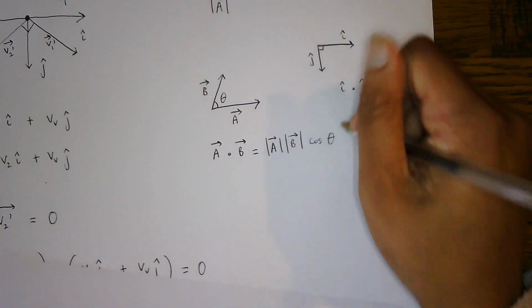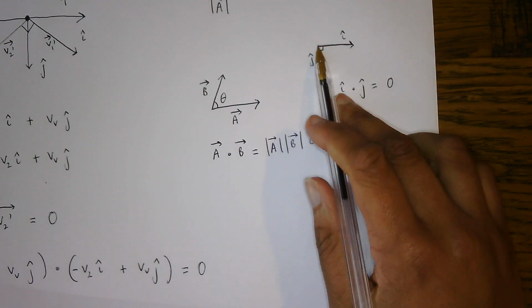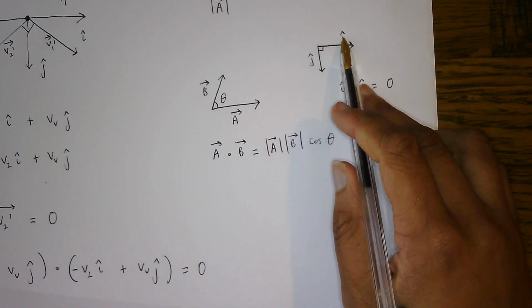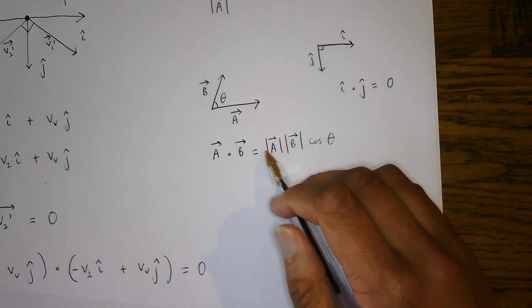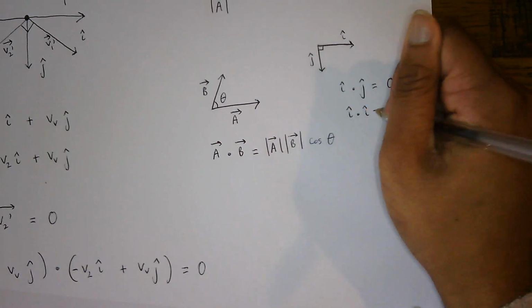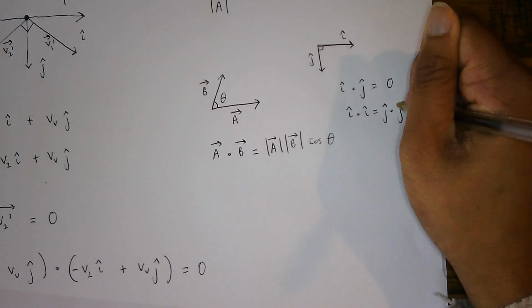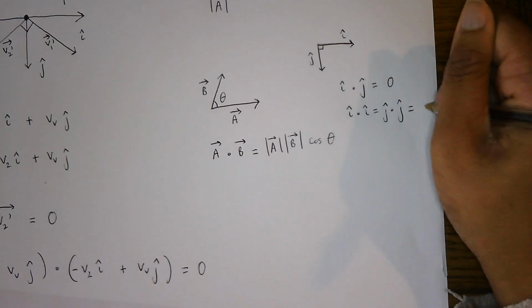Cos 0 is 1, and the magnitude of I, or any unit vector, is 1. So I dot I, which is the same as J dot J, equals 1.